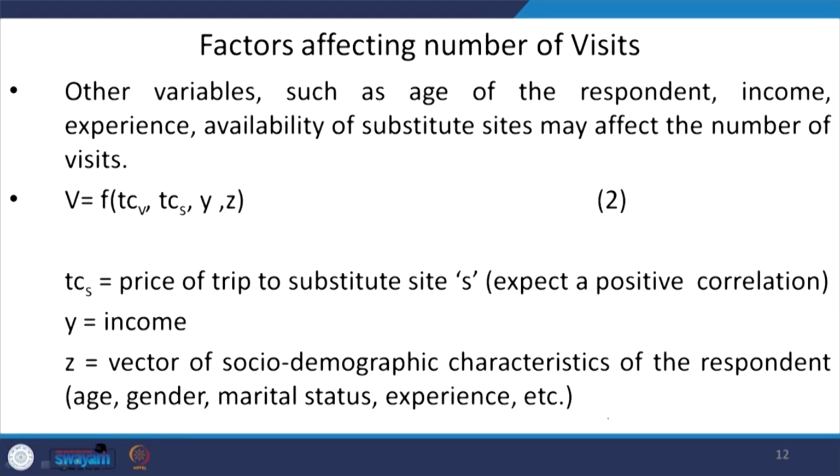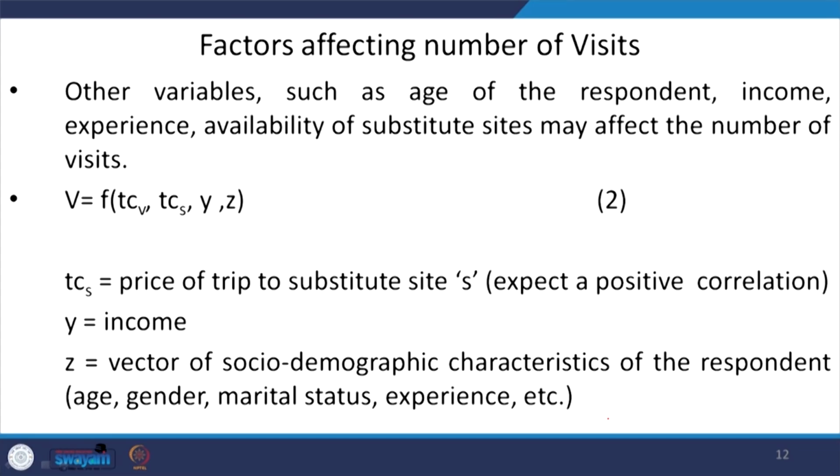Understanding this price demand relationship in the case of this recreational destination, we can find out what are the factors affecting this number of visits. Why is a visitor visiting this particular site, let us say twice a year, while there are certain visitors paying a visit 20 times in a year? What are the factors that can explain this behavior of the number of visits of these visitors?